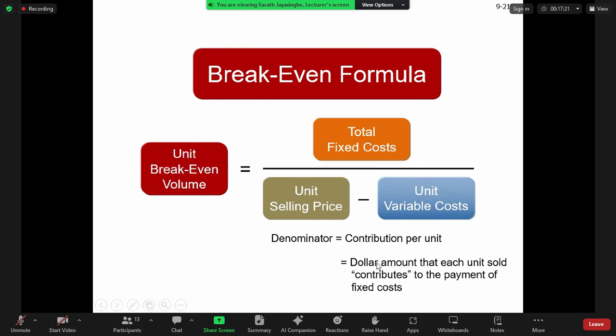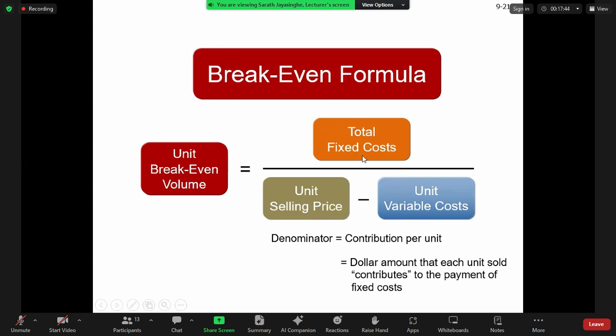I have used dollars, but whatever currency it is, you can use it. The denominator is the contribution per unit, because we use only unit price and unit variable cost. It is the dollar amount that each unit sold contributes to the payment of fixed cost.